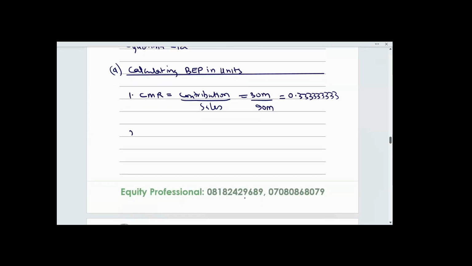Then step 2. Step 2 says you should calculate the break-even point in naira for the company. Break-even point in naira is equal to fixed cost divided by contribution margin ratio. According to the question, fixed cost is 12 million naira, divided by 0.333333333.